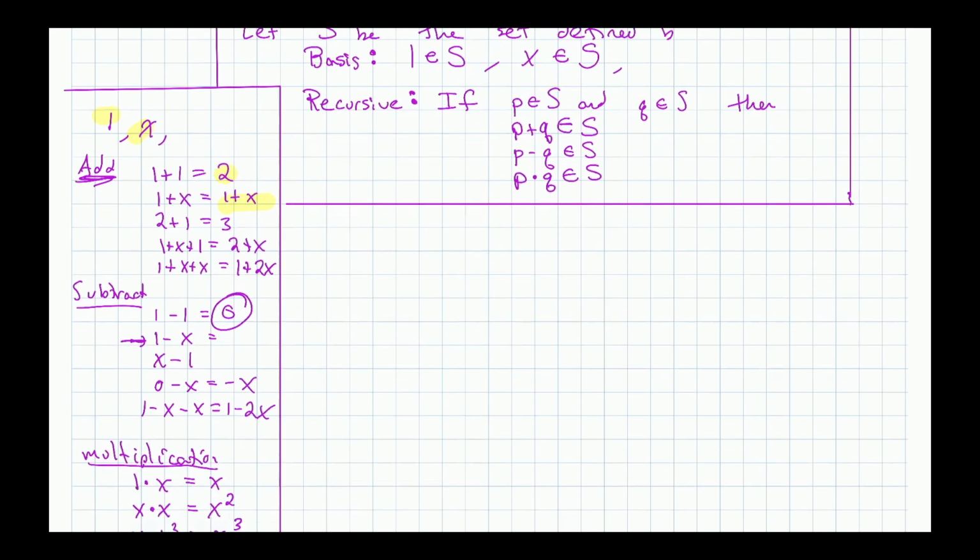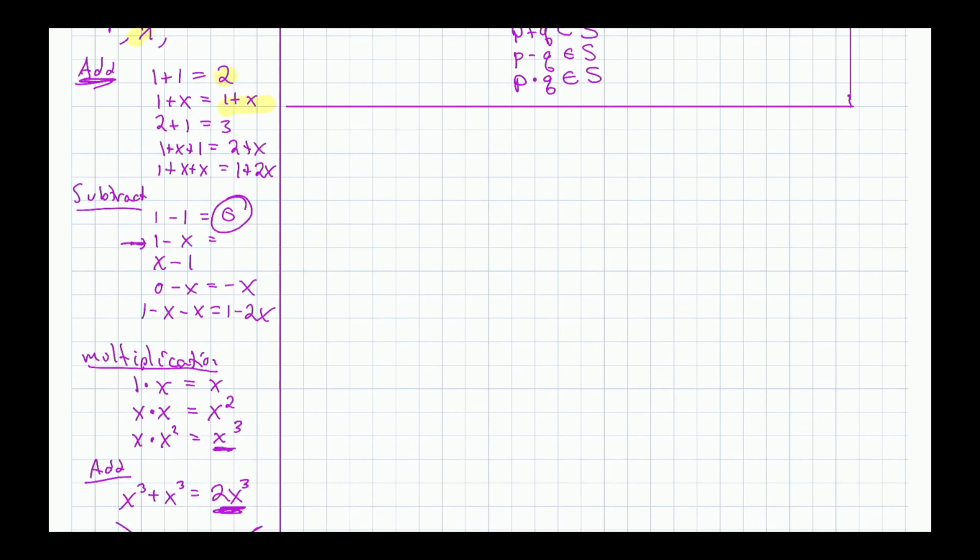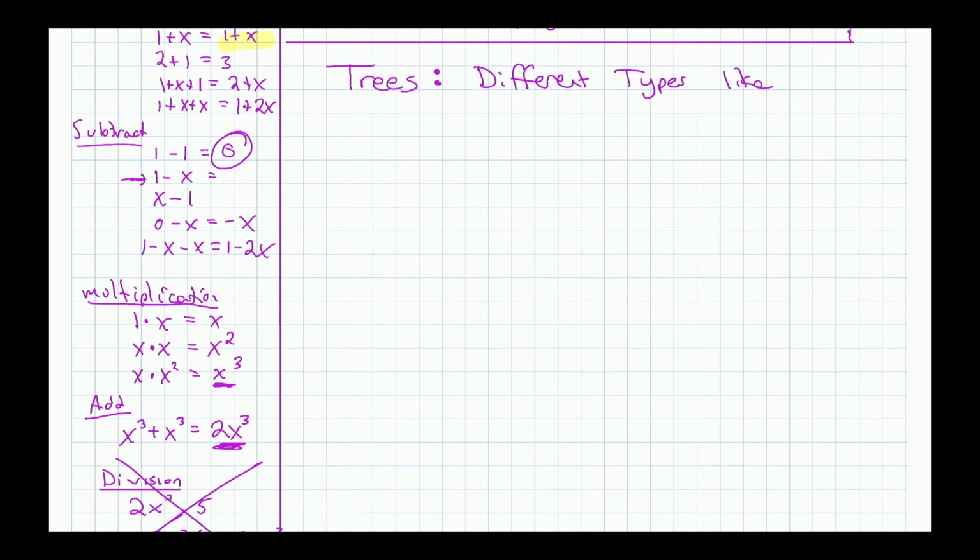All right, so trees. Now, the thing about trees is that there are a number of different kinds of trees, right? There's an oak, and then there's a sycamore and willow and so forth. And we need to talk about all of them. Not all of them, but a couple of them. So there are different types, and the different types have different definitions. So we're going to look at rooted trees.